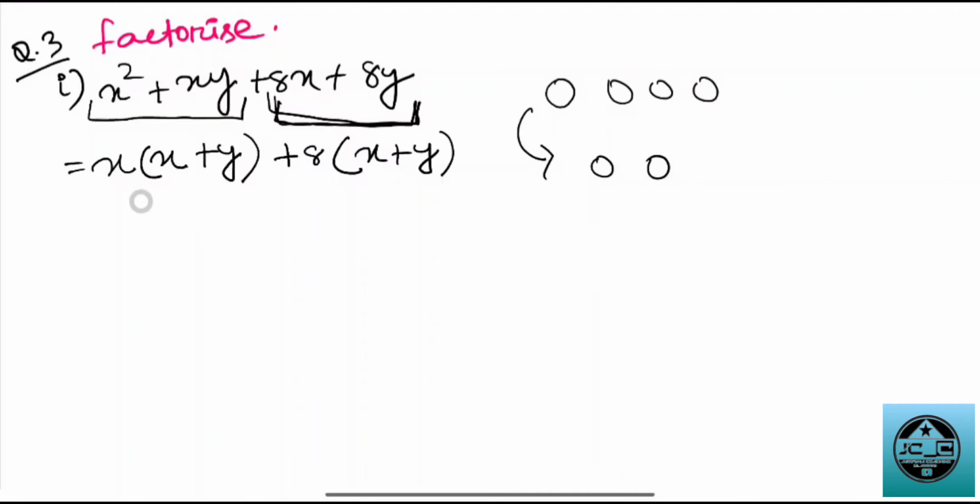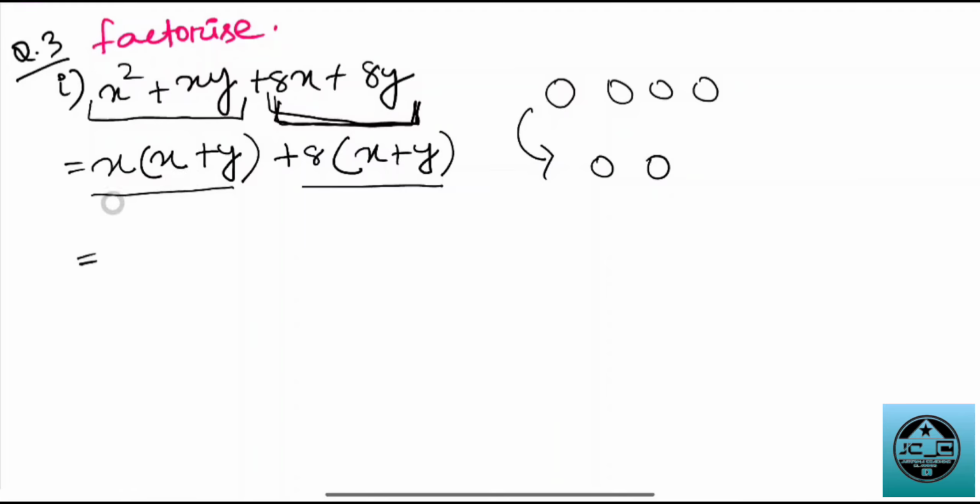Our target is that we have to make them one term, by converting them into factors and writing them as a product. Now one term is x into x plus y, another one is 8 into x plus y. Can you notice any common factor between these two terms? Yes, it is x plus y.